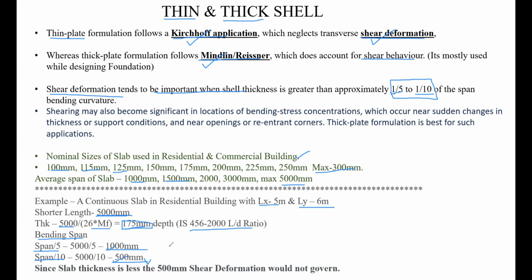If my slab thickness exceeds 500 mm, then shear deformation plays an important role and we have to consider it. But since the thickness is only 175 mm, less than 500, shear deformation would not govern. So in that case, we use thin plate in our residential and commercial building.